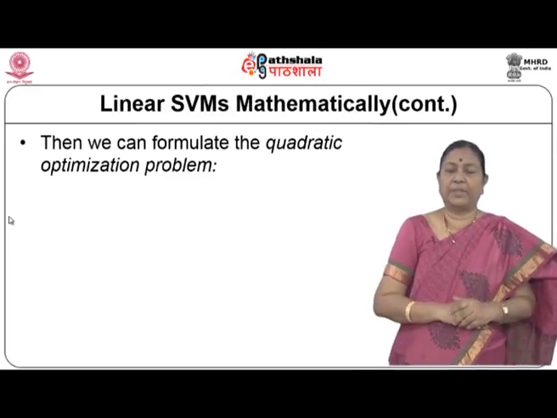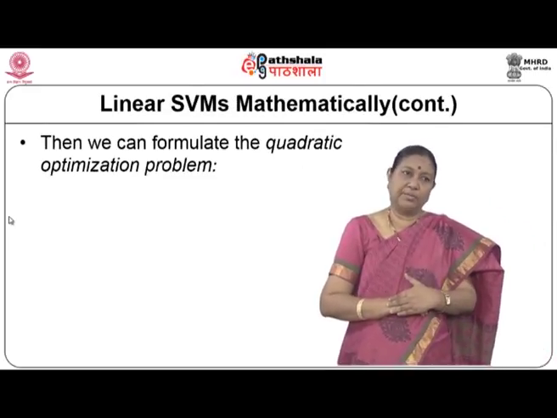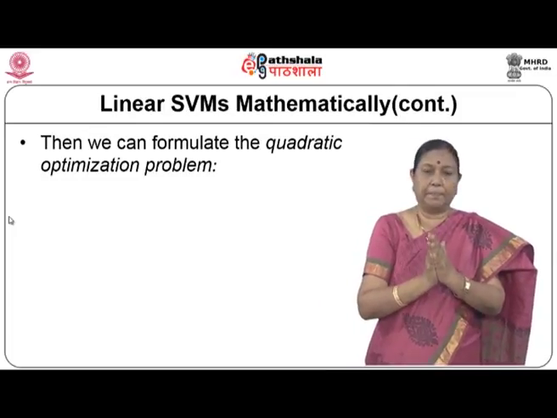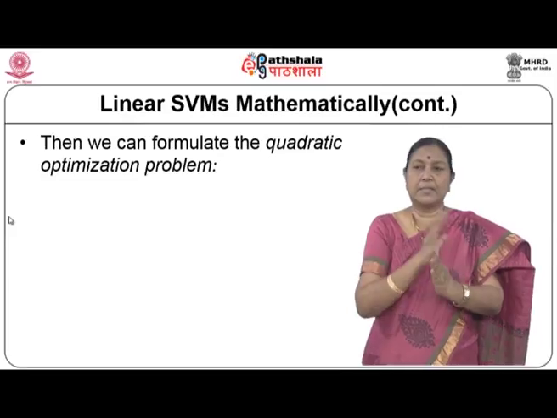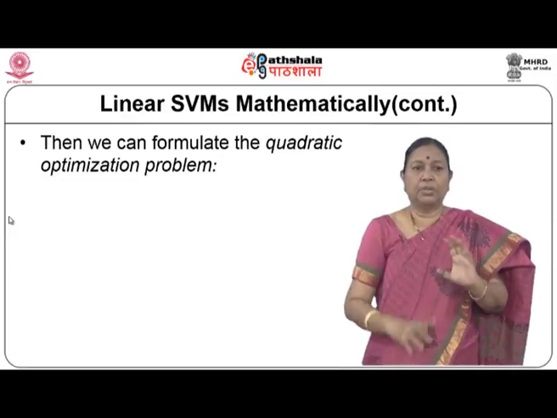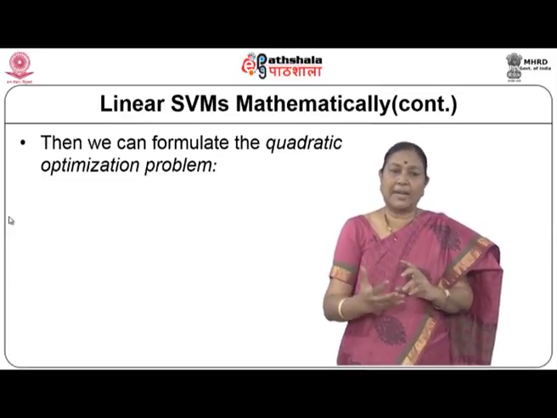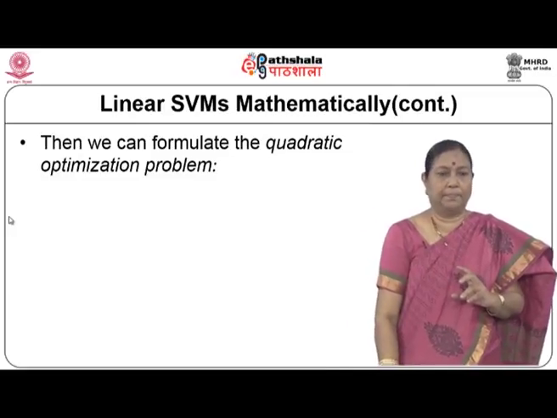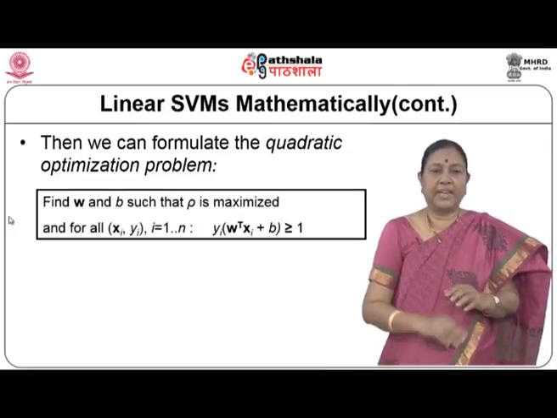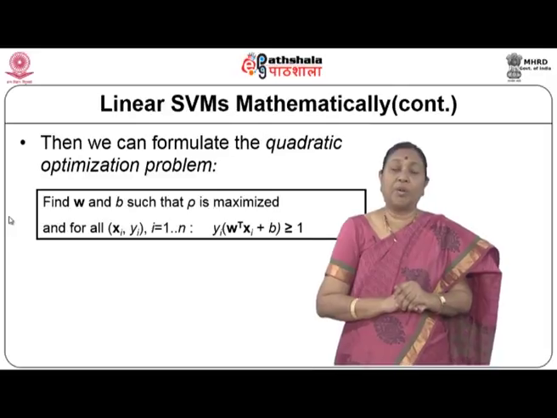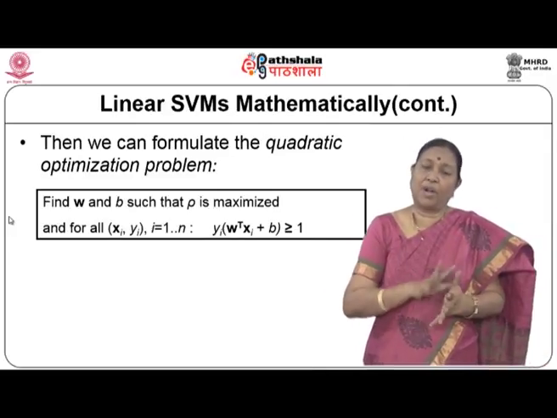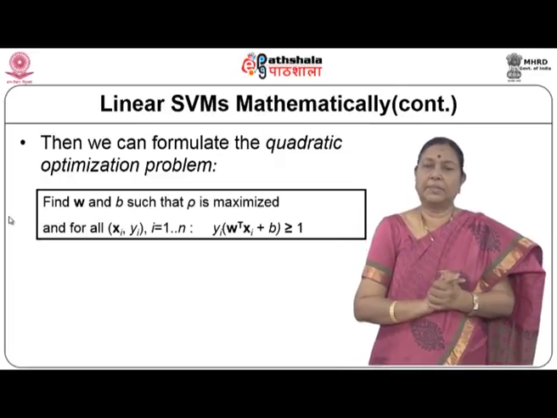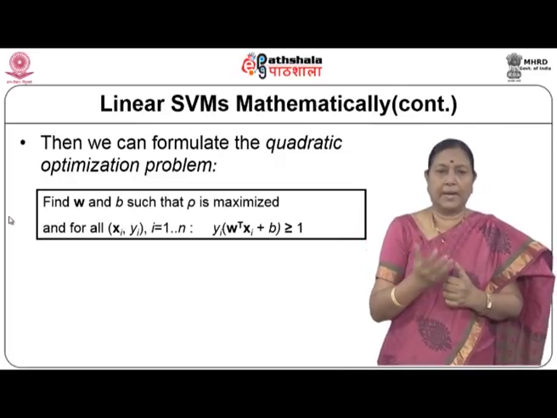Now, remember what we wanted to find. We wanted to find a plane that optimizes this distance or the margin. So, we can formulate this as a quadratic optimization problem. So, find w and b such that rho, that is the distance or the margin size, is maximized for all data values which lie between 1 and n.